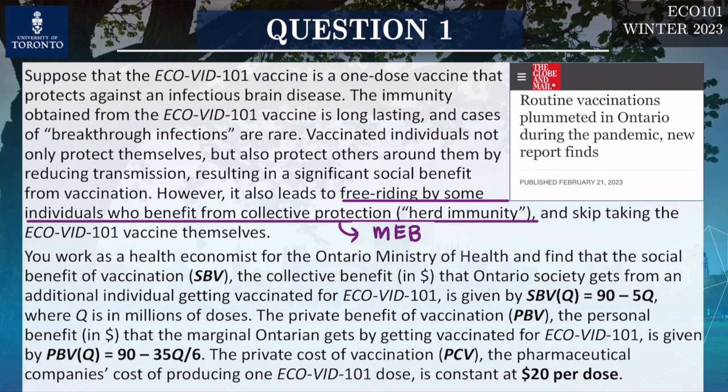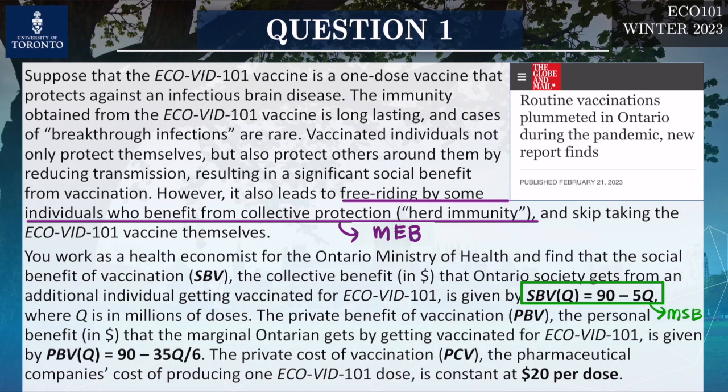The other equations that we have also give us important information. They have different names from what you might be familiar with. For example, the social benefit of vaccination. If you see the definition, this is the collective benefit that the entire society gets. So we are basically describing a marginal societal benefit from vaccination.